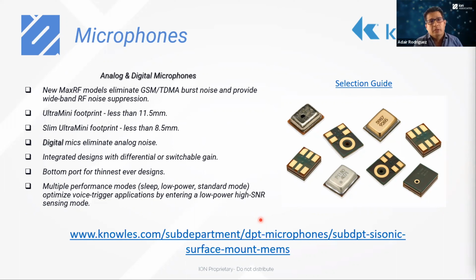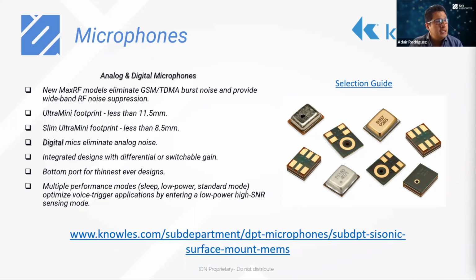Getting back to microphones, we have analog and digital microphones, as we can see, with different shapes and sizes. Some of them help with power consumption, with sleep, low power, and standard mode functions.